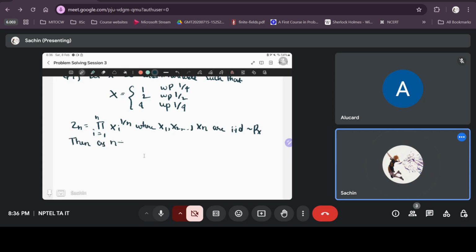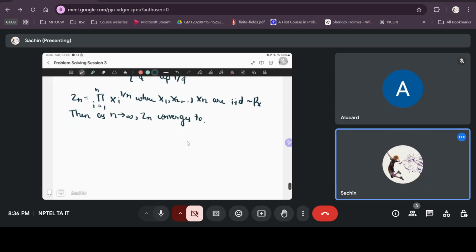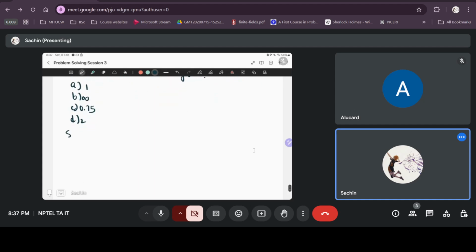Then as n approaches infinity, Zn converges to, so it converges to 1, infinity, 0.75 or 2. We have Zn is 2 power 1 over n summation log xi, i equals 1 to n.